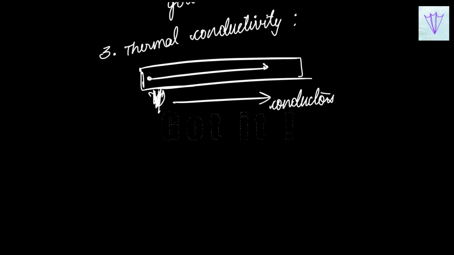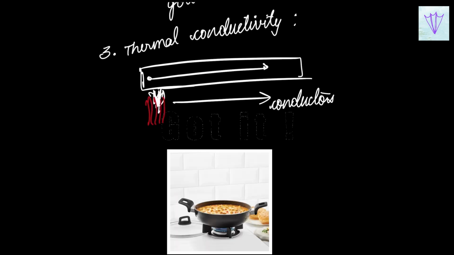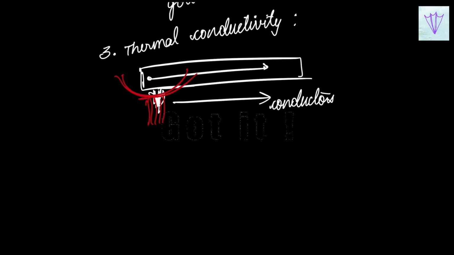An example is when utensils are heated from the bottom, the whole pot becomes hot. It means that the heat is transferred from the bottom of the utensil to the other parts. Silver is the best conductor of heat.